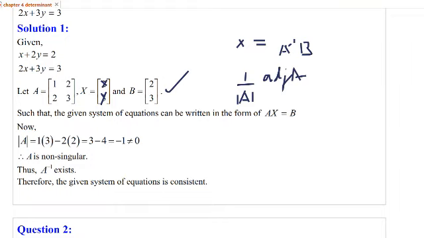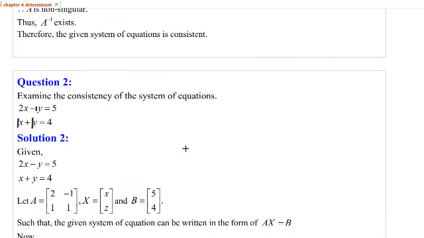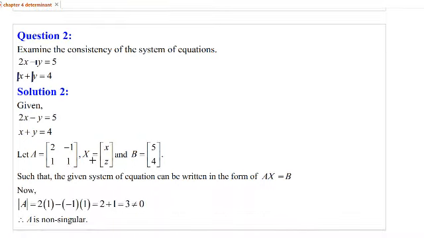In an example, I'll show you the cases where determinant A is 0 and what we have to do then. Currently, you know that if determinant A is not 0, then the system of linear equations is consistent. Similarly, in this question, if I make a matrix with these elements 2, minus 1, 1, 1, a variable matrix with x and y, and then a constant matrix 5, 4, and calculate the determinant, it is 2 plus 1, that is 3.